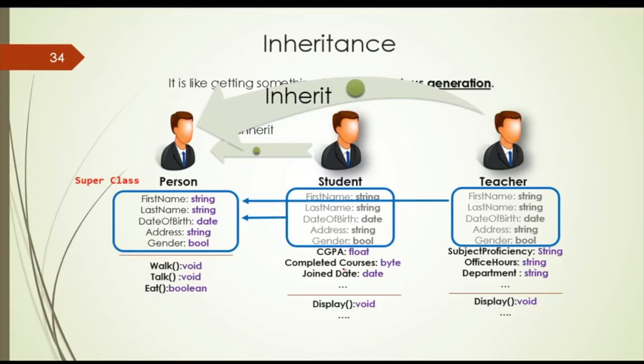Since we're getting the properties from the person, the person is said to be the superclass or parent class or base class. Since the student and teacher are derived from the person class, they are known as child class or derived class or subclass.